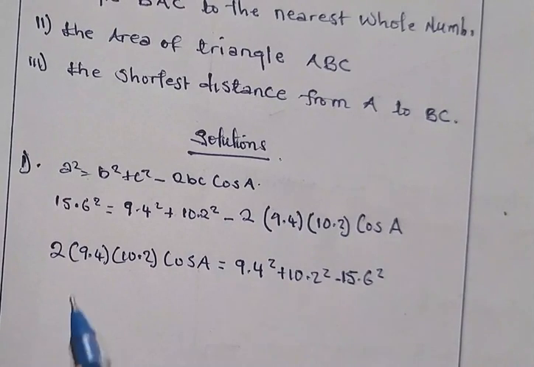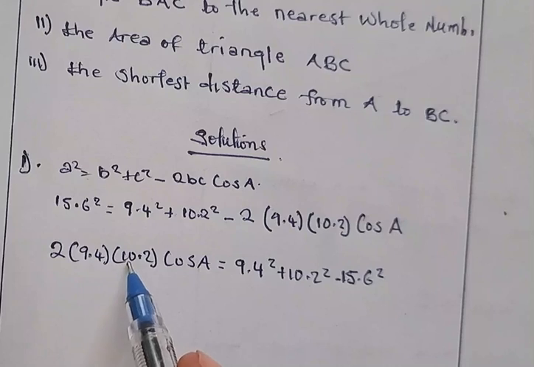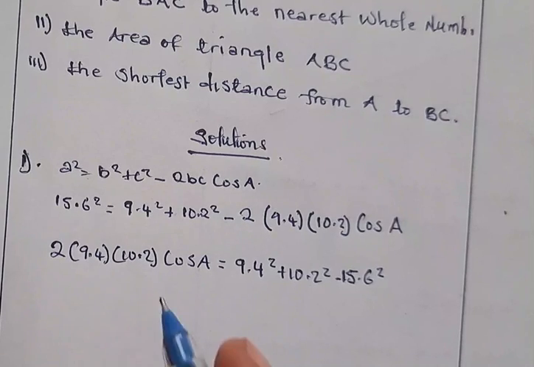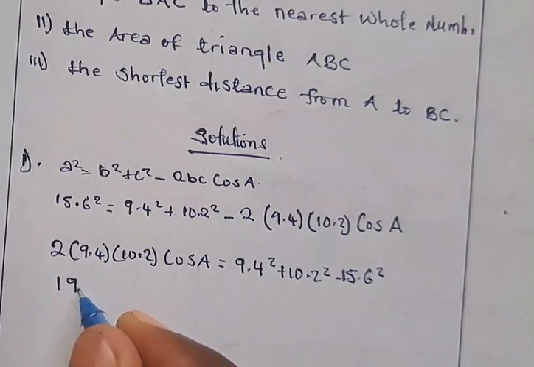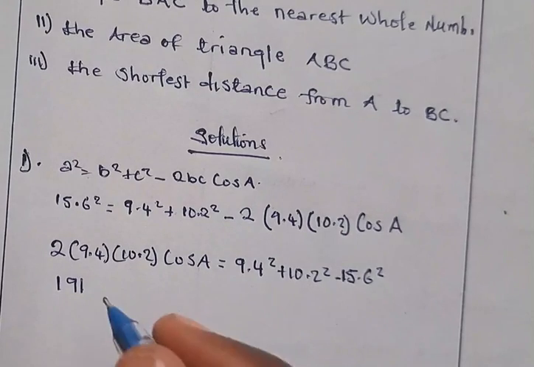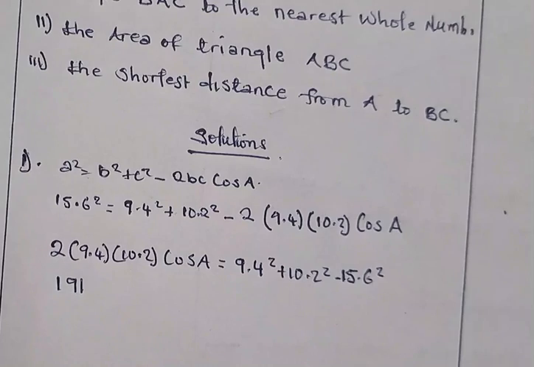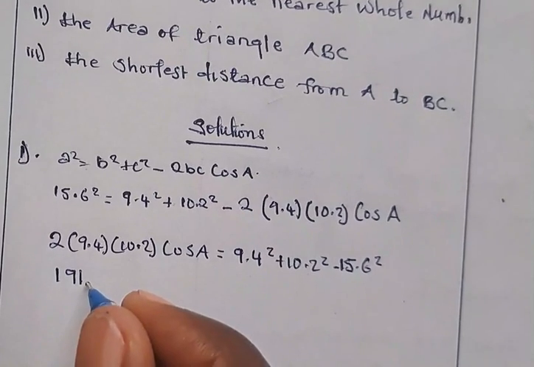So when we say 2 times 9.4 times 10.2, it will give us 191.76. You can use the calculator, guys, don't worry, because you will be allowed to enter an exam with a calculator.